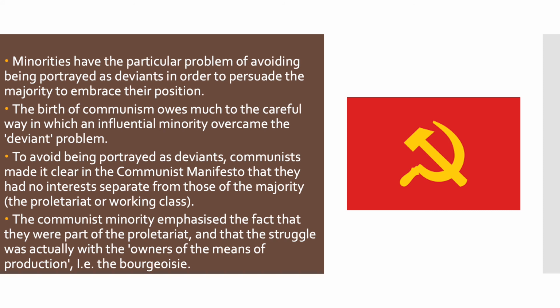In other words, the bourgeoisie. Bourgeoisie means the middle class, and that's actually where the word bougie comes from. So basically what they were saying is, we're not deviants, we're just like you. It's the bourgeoisie who are against us all. And this worked in helping them not be portrayed as deviants, so that the majority took on board their position.